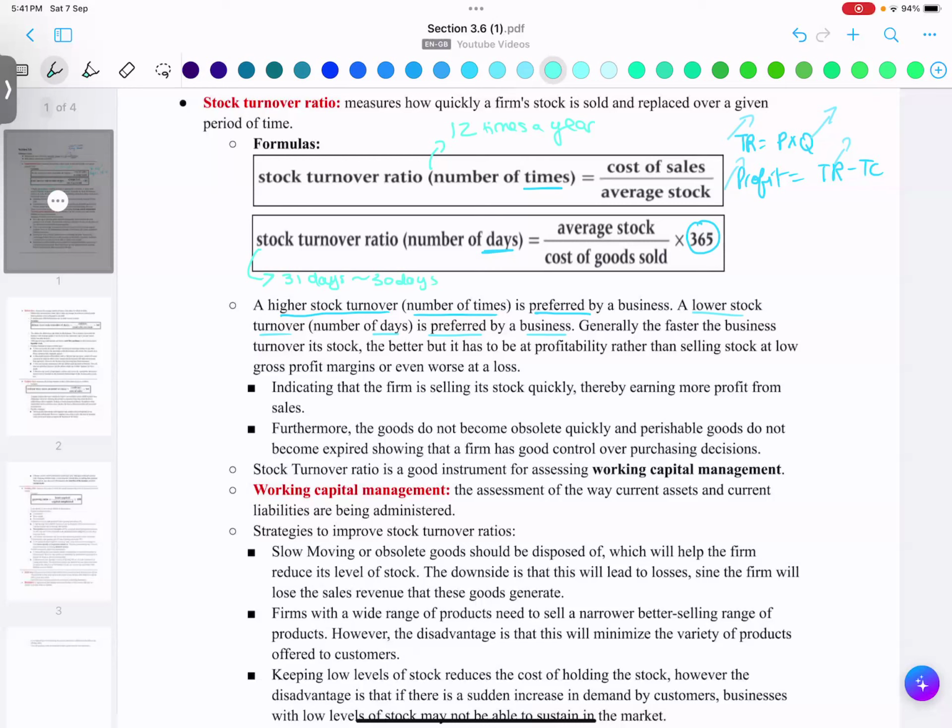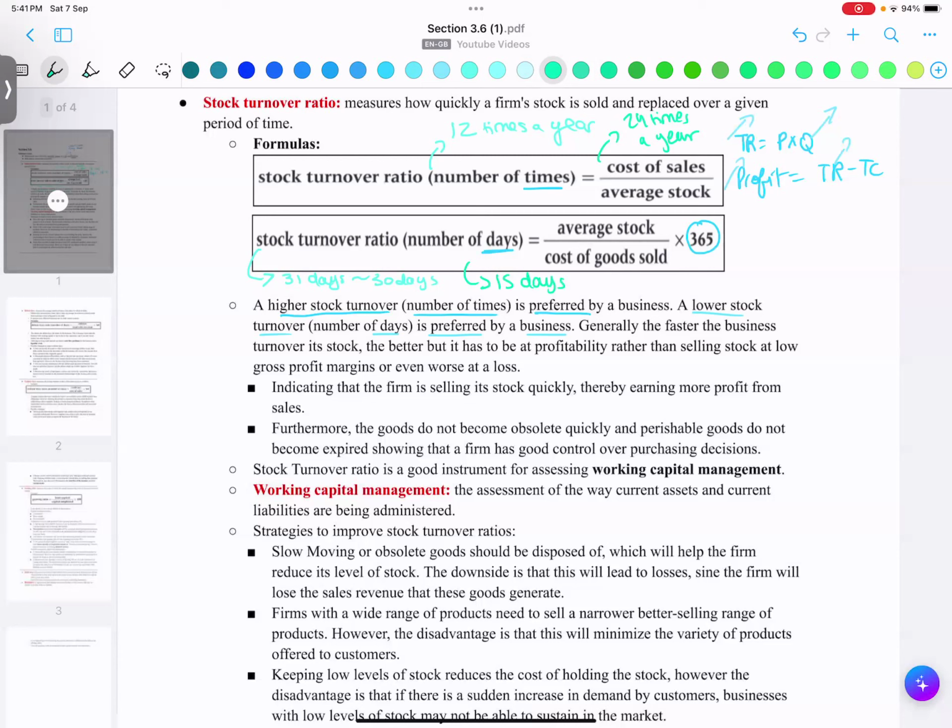But let's say they end up replacing it twice a month, right? So that's approximately, I'm going to use different colors so you guys can see it, 24 times a year, right? But in this case, it's going to be every 15 days. So you get me?